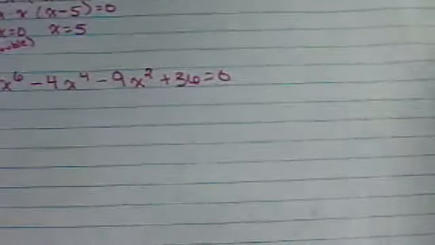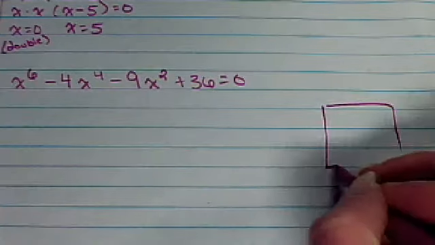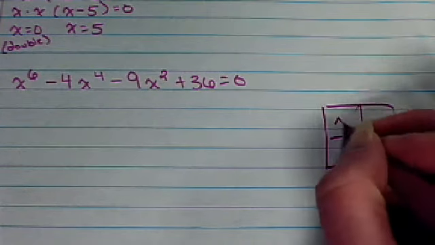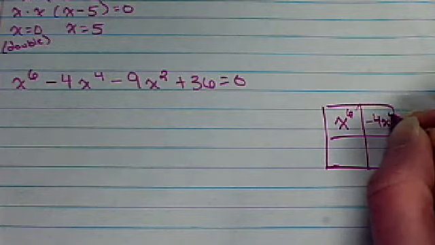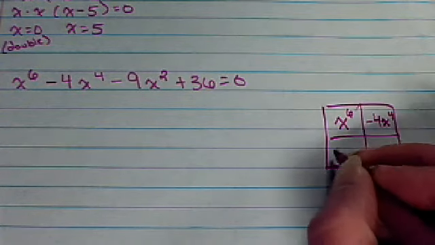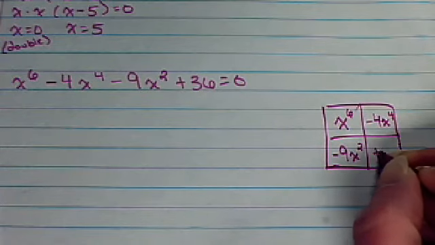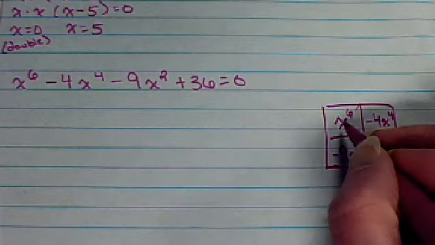With the factor box, the multiplication box, you would put each of your terms in there. So x to the 6th, negative 4x to the 4th, negative 9x squared, and positive 36. And we look for what they have in common.